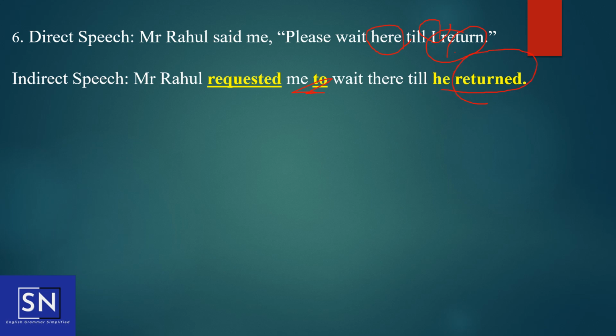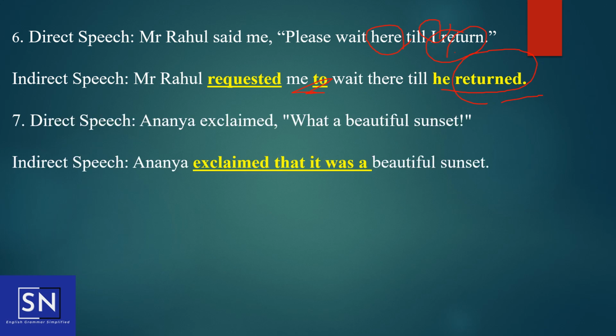Return is in present form. It should change to past form. Next, Ananya exclaimed, what a beautiful sunset. What kind of sentence is it? Very good. It is ending with an exclamation mark, which expresses sudden feeling, surprise.